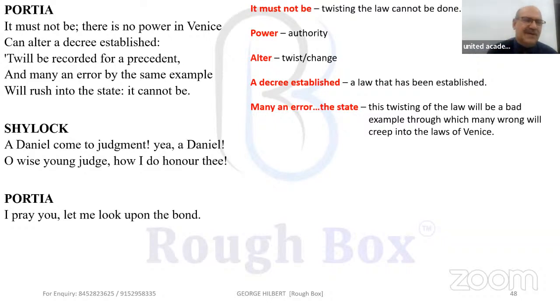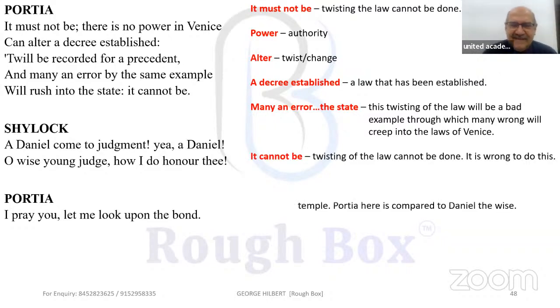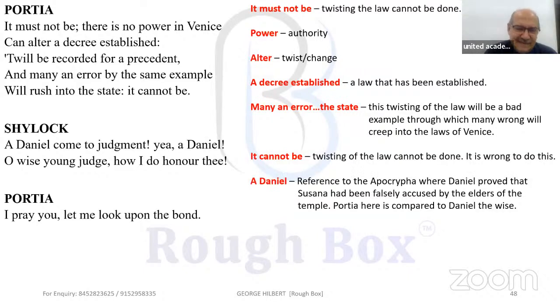And Shylock is happy. He says, wow, a Daniel come to judgment. Yay, a Daniel. Okay, so who was Daniel? Daniel was a very wise judge in the Old Testament. There were two Jewish priests who were trying to get fresh with a girl called Susanna.